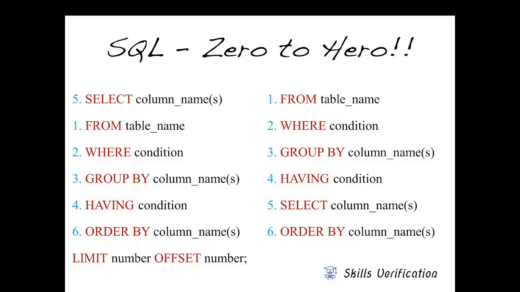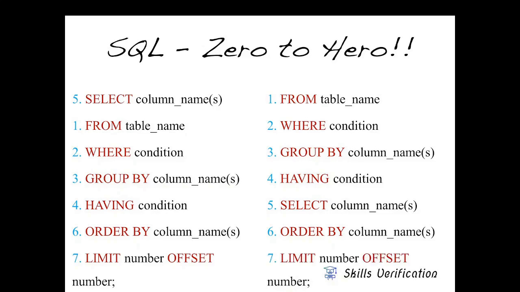Next, the database sorts the result set based on the specified columns in the order by clause, either ascending or descending as specified. Finally, the database restricts the number of rows returned with the specified limit if it is specified, optionally skipping a specified number of rows before beginning to return rows if an offset is specified.